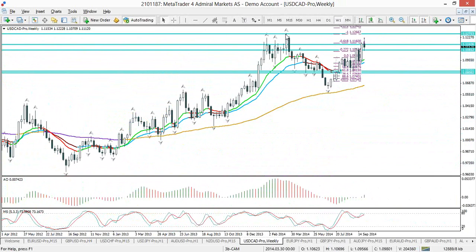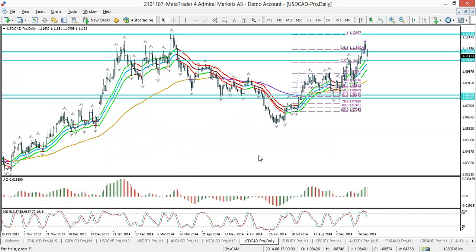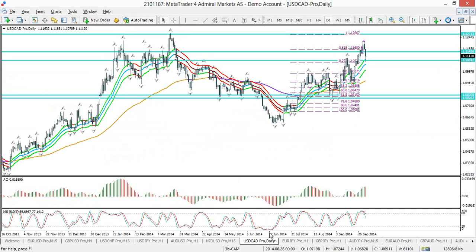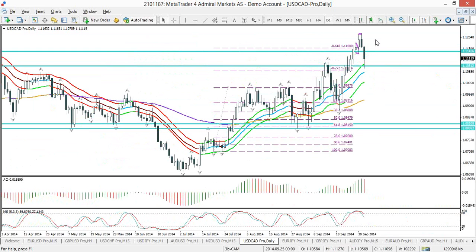Well, we are getting close to this resistance. So in a way, we are kind of in a take profit zone, to be honest. It hit the minus 618 target here of this daily fib. So you are already in a zone where some might be thinking about taking profit.